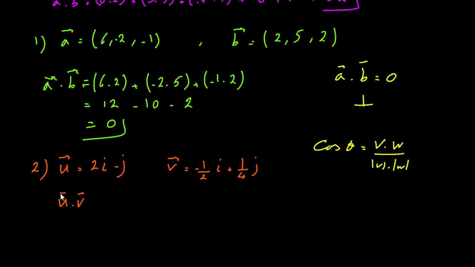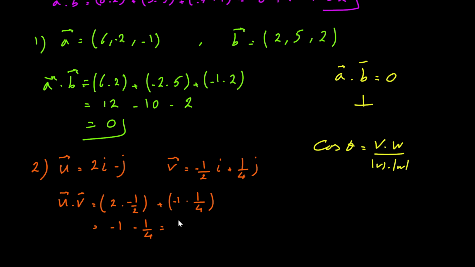u times v: 2 multiplied by -1/2, plus -1 multiplied by 1/4. What we get here is -1 and -1/4.